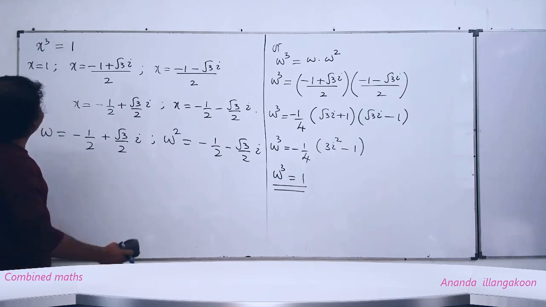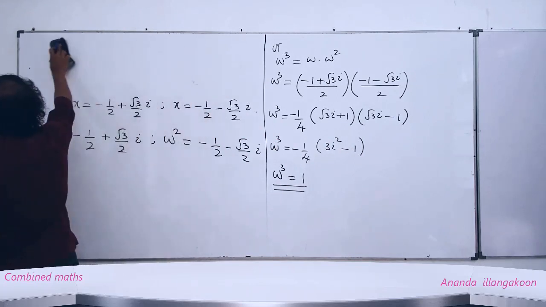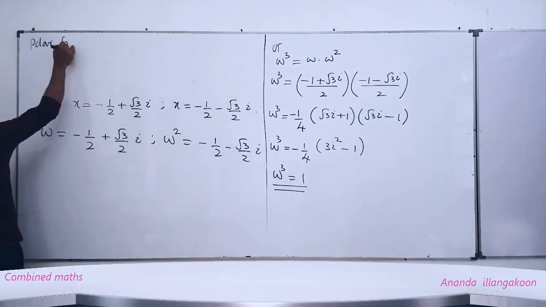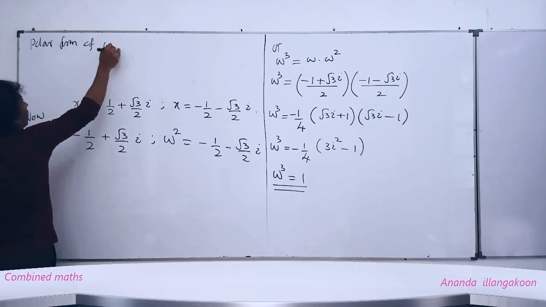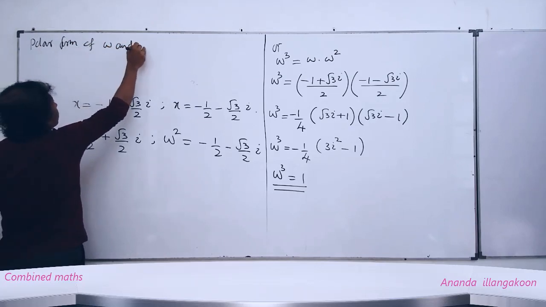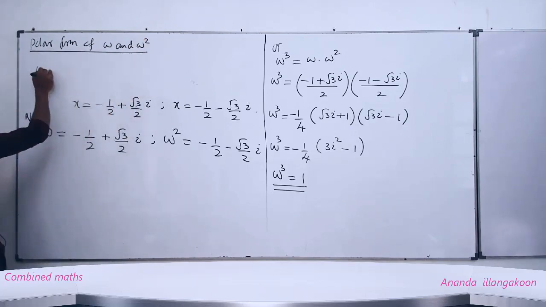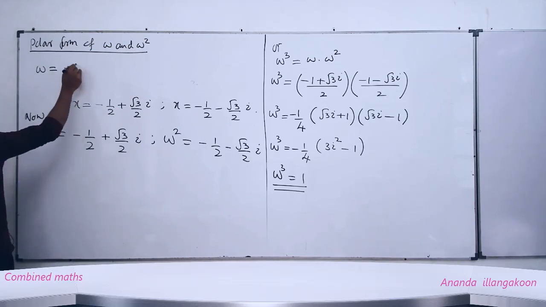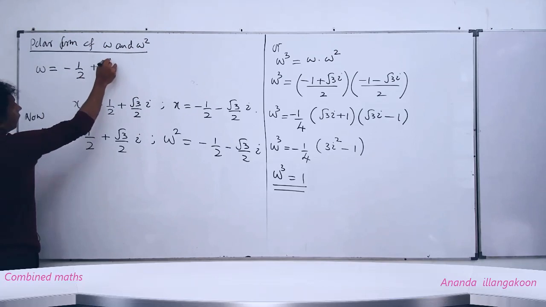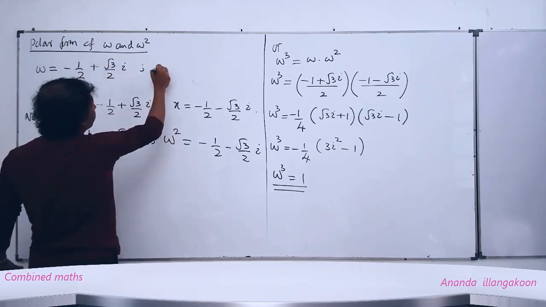Now you can write the polar form of omega and omega squared. Omega, people, this, no? Minus 1 upon 2 plus root 3 by 2 i, and omega squared is this.